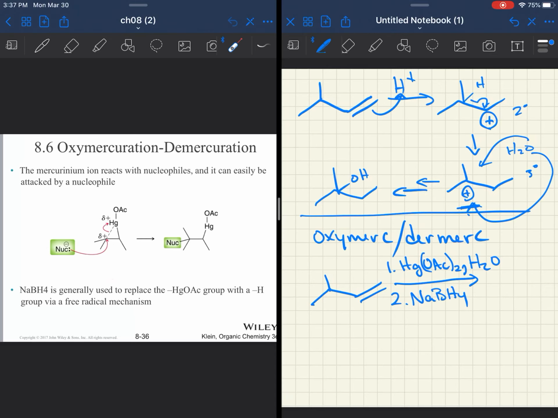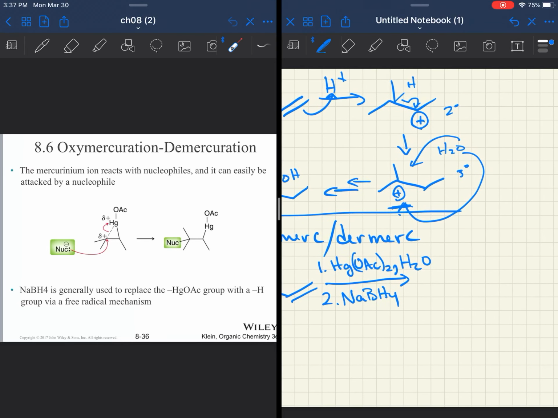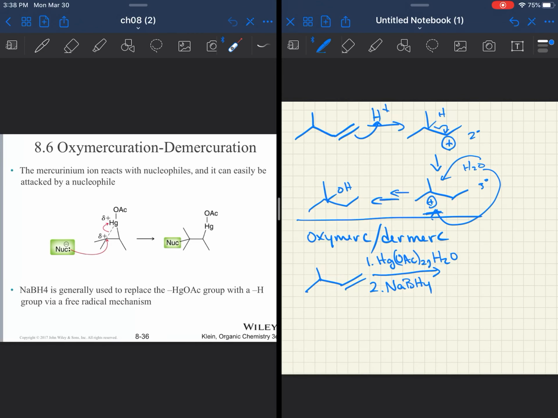It's going to be the more substituted carbon. So it's the same reason a carbocation forms on that more substituted position. That opens up that mercurinium three-membered ring, and you still wind up with the water on the more substituted position.